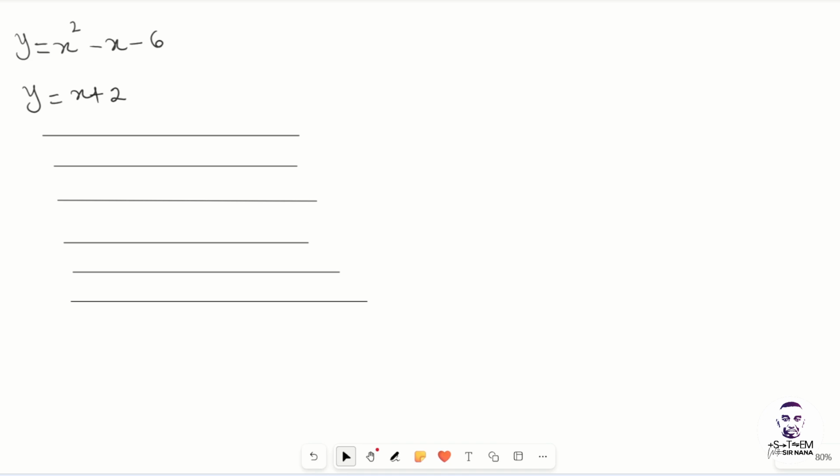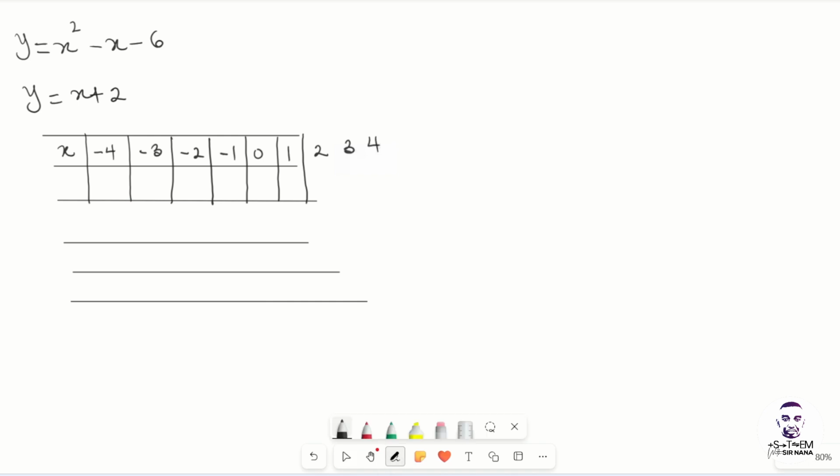Okay, so we are going to have our x values. In this case, we'll pick x values from -4, where we'll have -3, -2, -1, 0, 1, and then we have to go on to 2, 3, and 4.